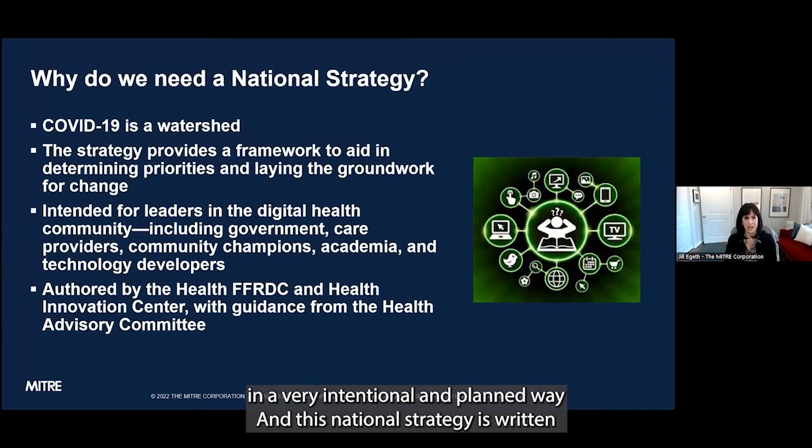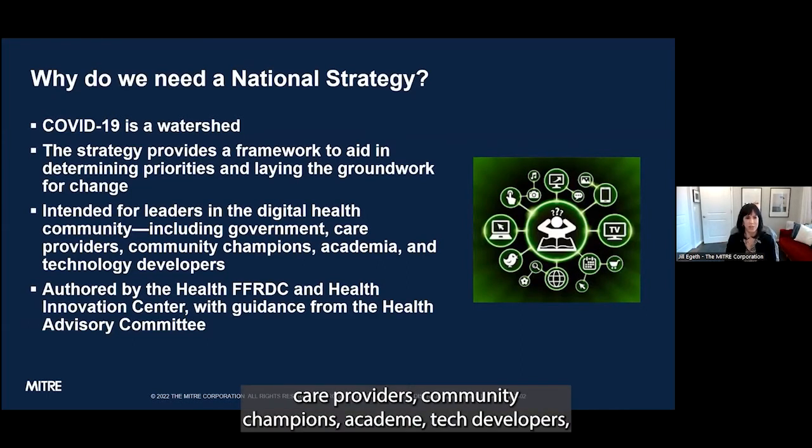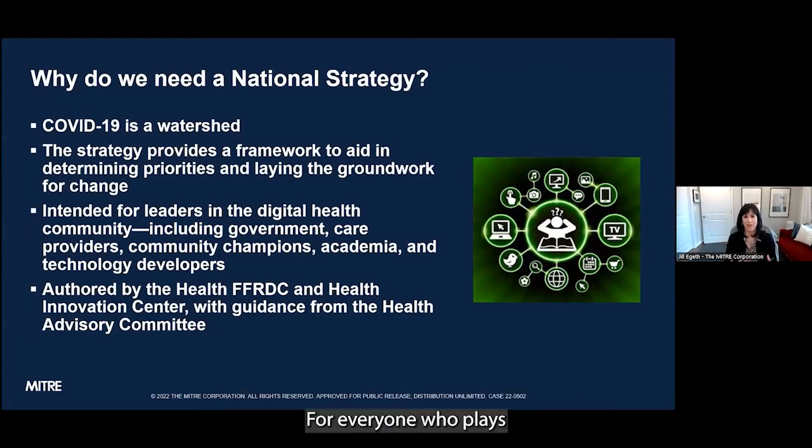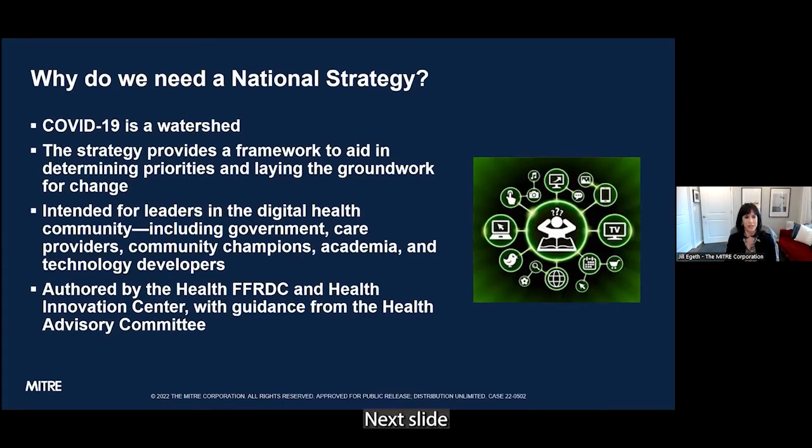And this national strategy is written for leaders in the digital health community, people in government, care providers, community champions, academe, tech developers, for everyone who plays a key role in this digital health ecosystem. Next slide.